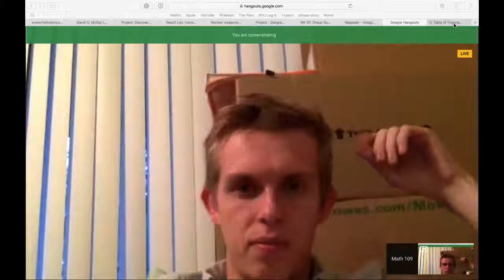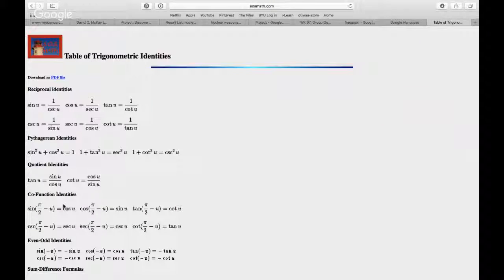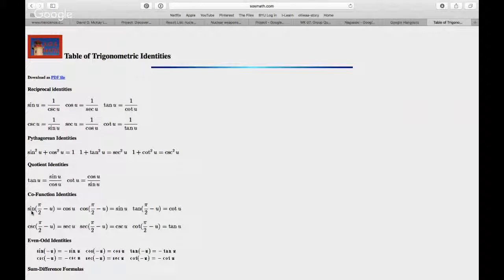Yeah. It says, so can you see this table of trigonometric identities page? Yeah. I was wondering if you have to write, because this one equals cosine, if we had to write it but make it equal sine. If that makes any sense, because that's kind of what it sounds like.